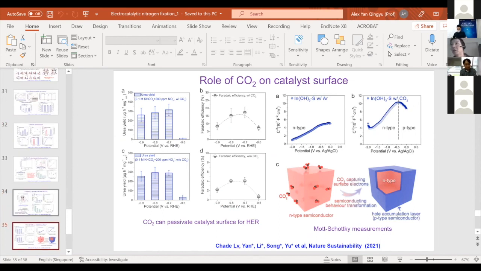Yes, these are good questions. Actually, a reviewer asked this kind of question, so we did control experiments. First of all, we did check the indium reduction process. Under this potential, the valence of indium hydroxide did not change.